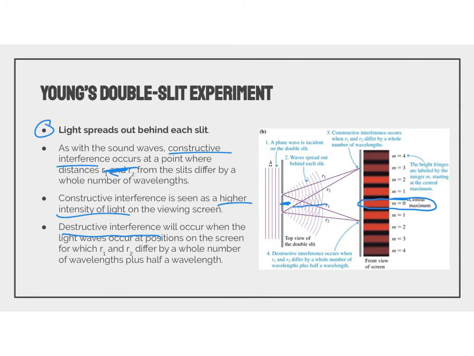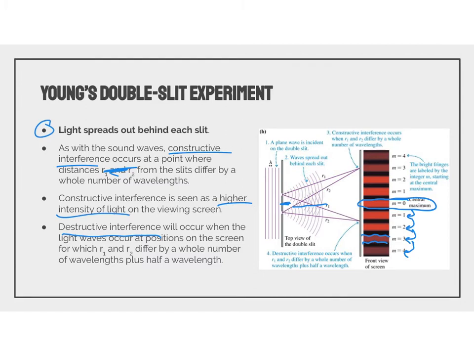Now, as we get further and further away, you see this nice, neat pattern of successive fringes. As they get further away from the central maximum, they get dimmer and dimmer, but they're all characterized by these specific bands of brightness.